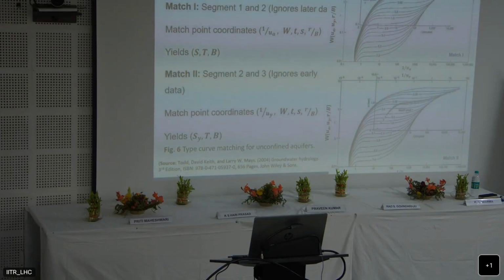The unit of alpha is 1 over time, so usually we take 1 by alpha, which has a time unit. If 1 by alpha is very high, it takes a long time for the soil to release water. If 1 by alpha is small, it almost instantaneously releases the water.